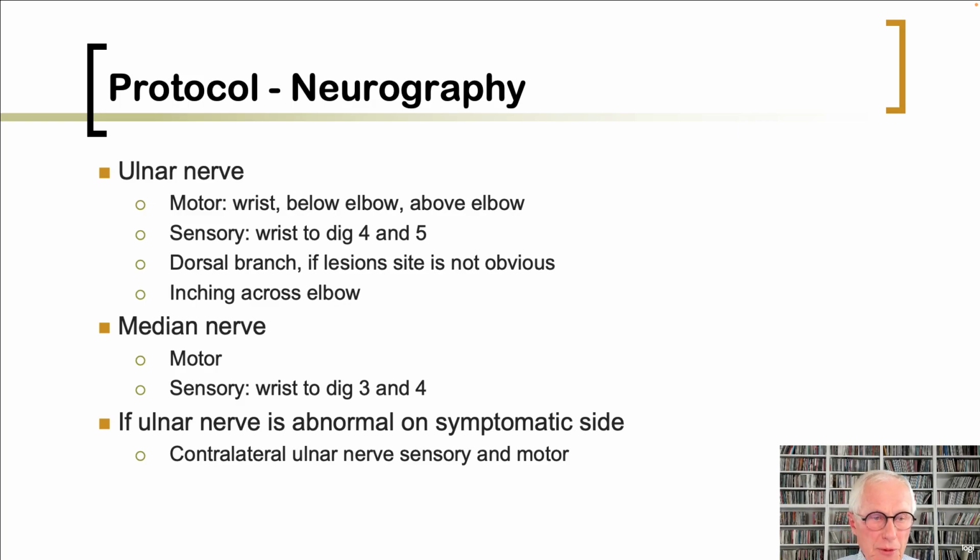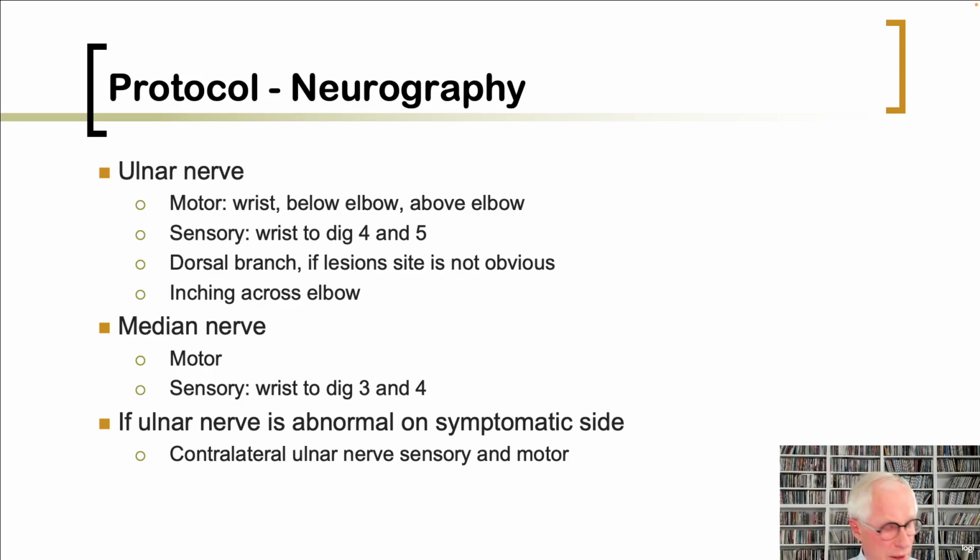If you have an ulnar neuropathy at the elbow, the dorsal branch will be affected to the same degree as the sensory branches to digits 4 and 5. But if you have a rarely occurring ulnar neuropathy at the wrist, the dorsal branch will be perfectly normal while the sensory branches to the digits are abnormal.